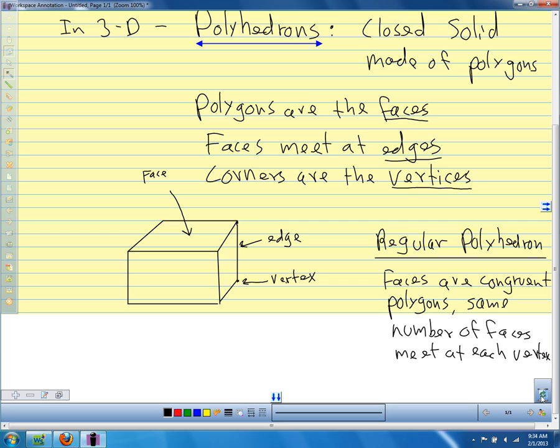So this is enough to guarantee us that we have a regular polyhedron: if all the faces are congruent and the same number of faces meet at each vertex. All right.